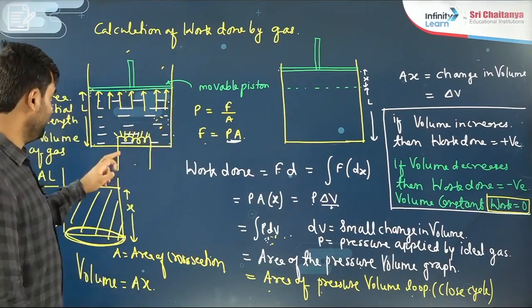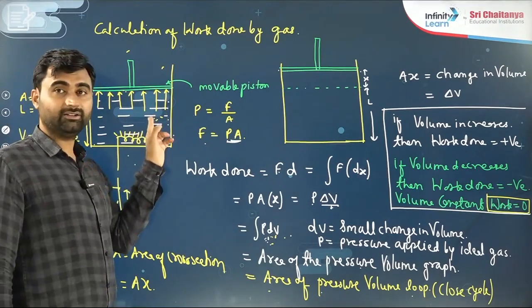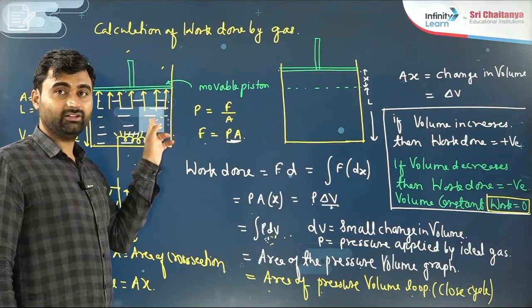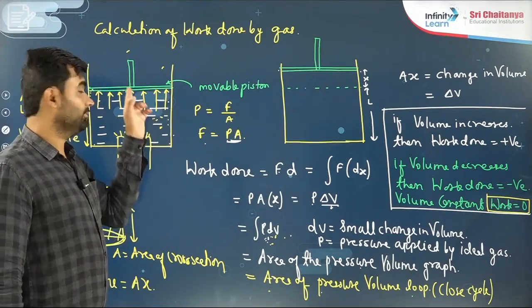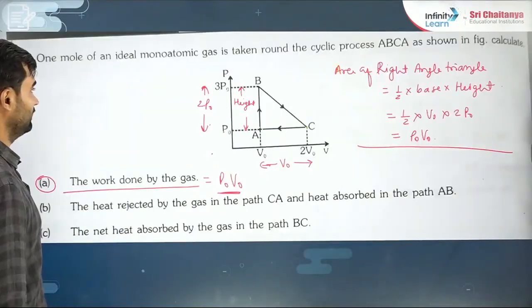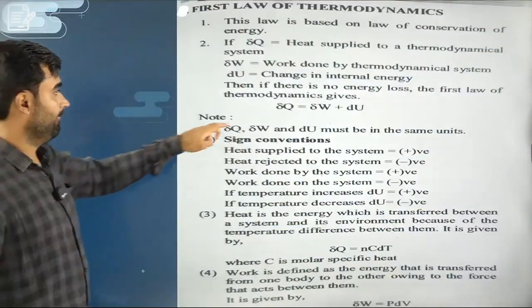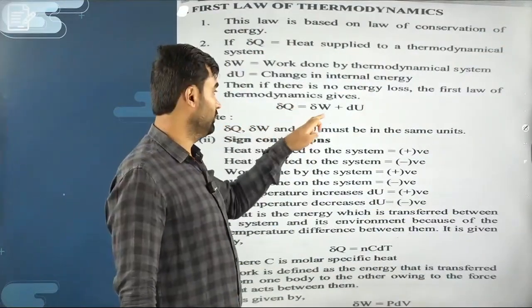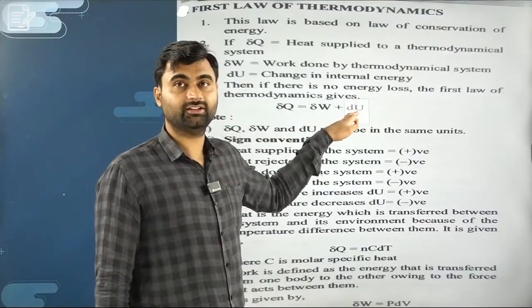Okay, so we are supplying heat, suppose how much? Delta Q. Some part of this heat is distributed in internal energy and some part in work done. So we can write the first law of thermodynamics: heat supplied is equal to some part in work done and some part in internal energy.